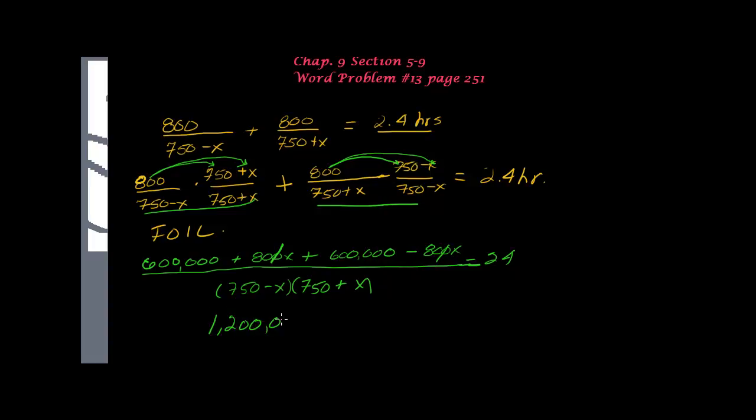1,200,000 all over 562,500 minus x squared, because these guys up here, difference of 2 squares.